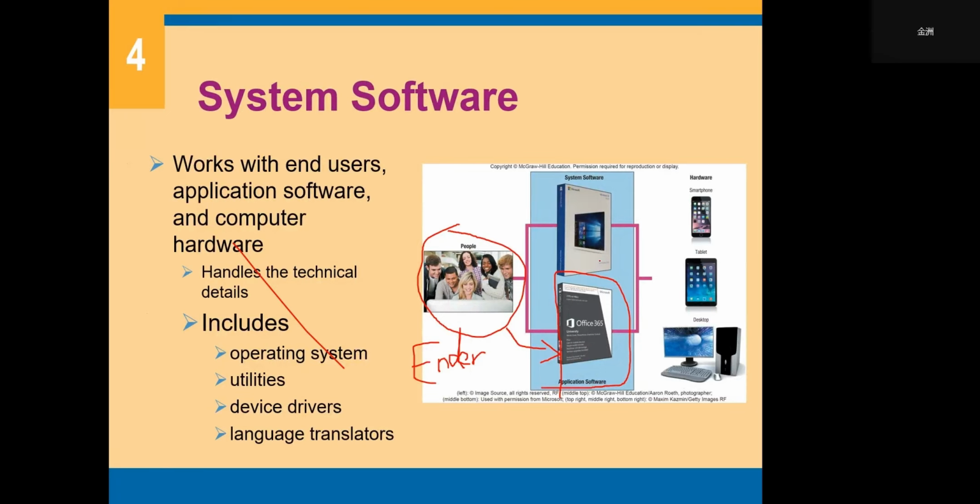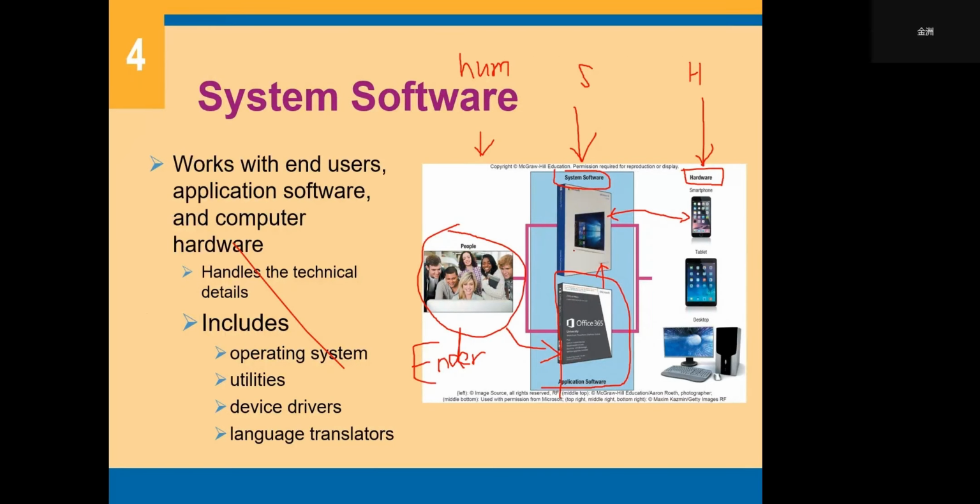But between these and the hardware, we still have a gap, which is coordinated by these system software. We call them system software. So here is software, and here is hardware. And here are our human beings.